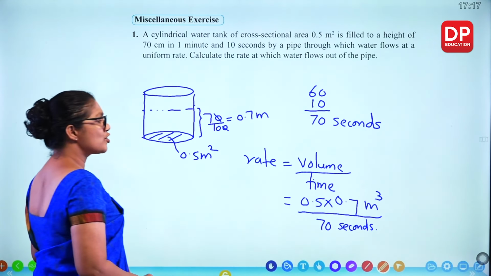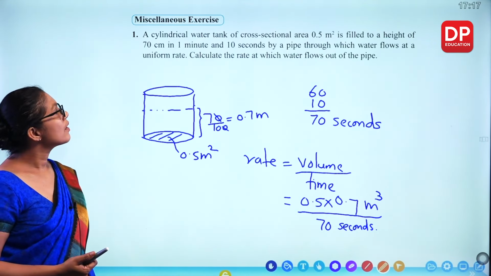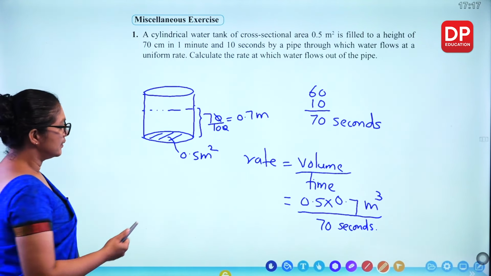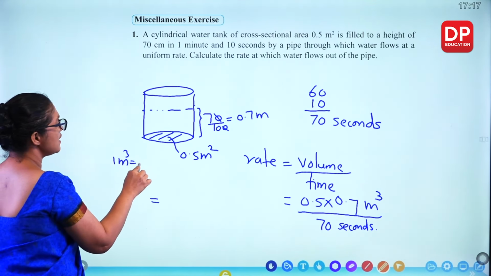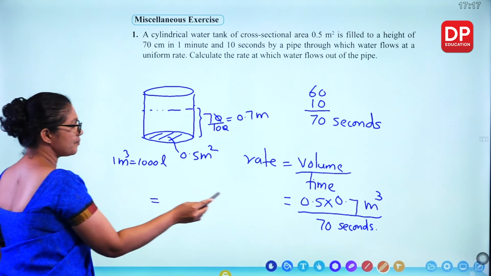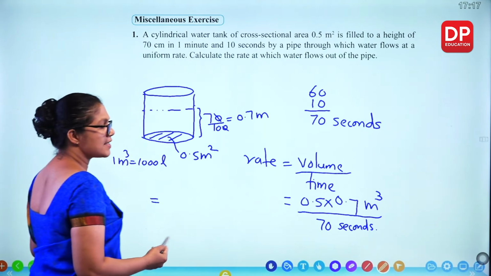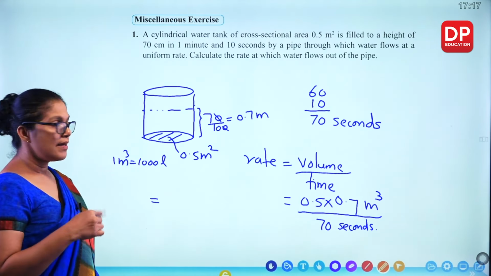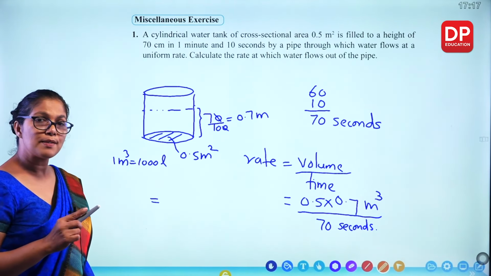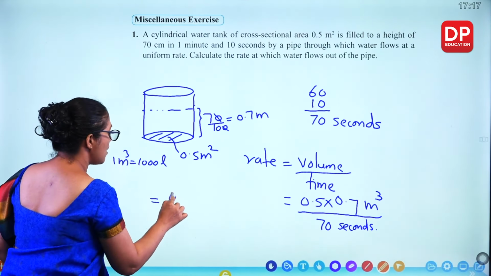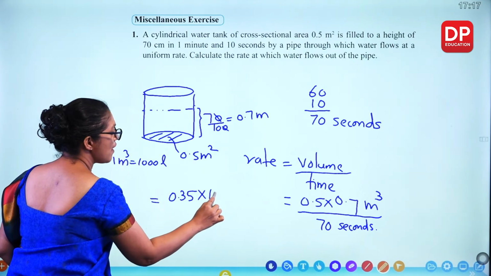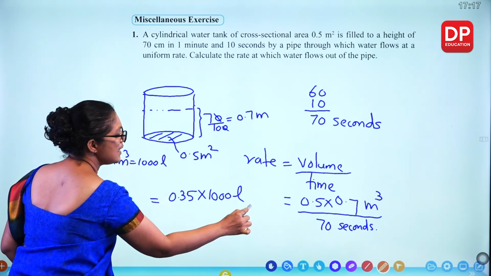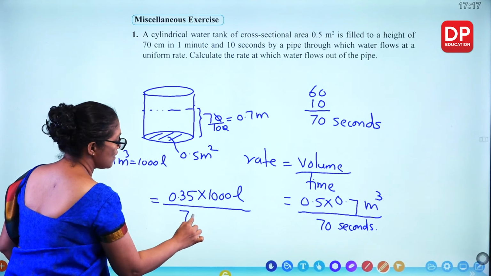Now we'll convert to liters. 1 cubic meter is 1000 liters. Now when you multiply this one, 5 times 7, 35, and when you put 2 decimal places, 0.35. 0.35 cubic meters is 0.35 times 1000 liters over 70.